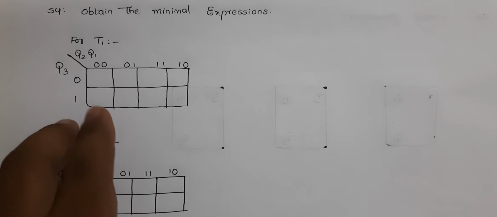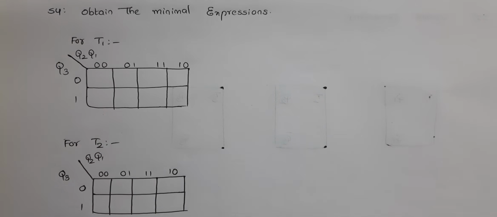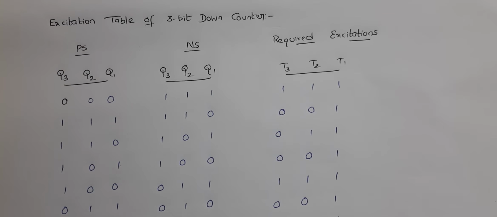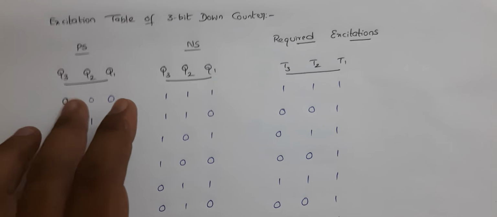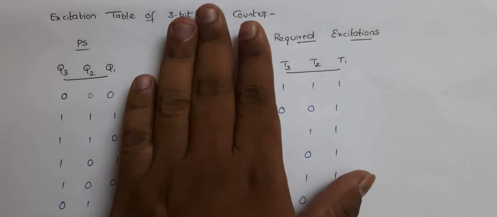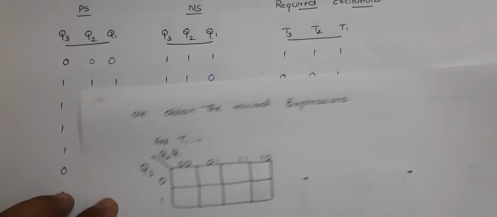Here the variables are Q3, Q2, Q1, the corresponding present state variables. This step 4 is completely dependent on present state variables and required excitations, so we are not considering the next state variables. Let us check for T1.